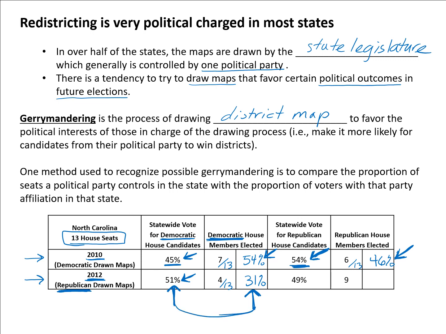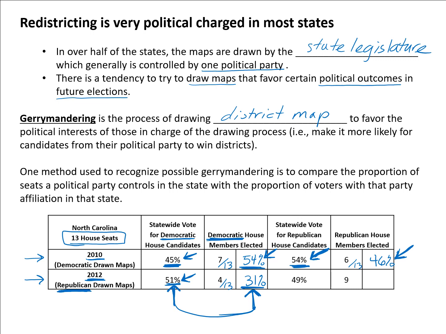The votes for Democratic candidates really hadn't changed that much. It actually had gone up between the 2 years, 45% to 51%. But the number of elected officials that were Democrats really went down, 54% to 31%.